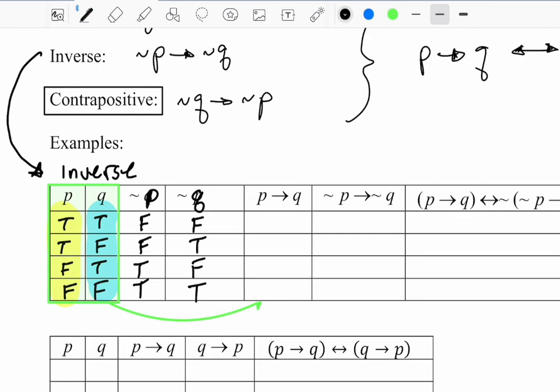Now just a refresher. Honestly, for a course that meets once a week, it's probably a good idea to do a refresher. So for a conditional, true implies false is false, otherwise true.